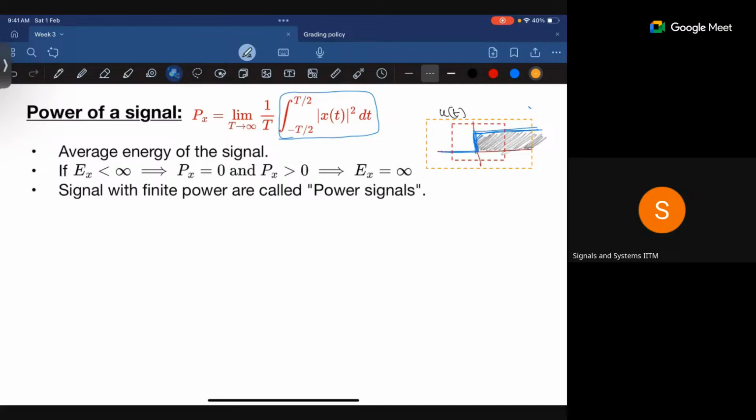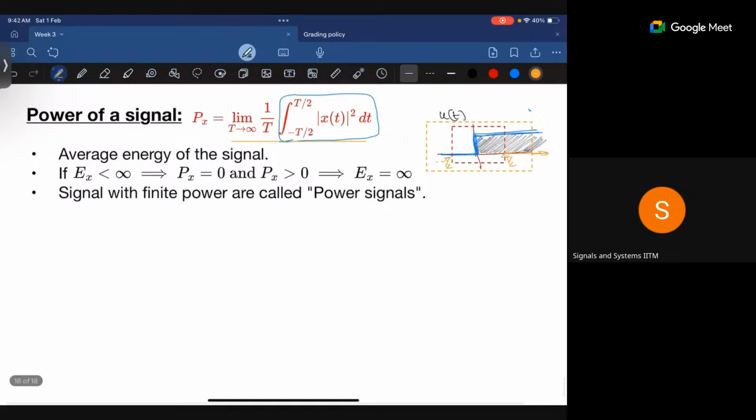That is nothing but this expression. Your initial T starts from maybe here, minus T by 2, and then slowly you move this T to infinity. That will give you the average energy of the signal, right? That is the power of a signal.